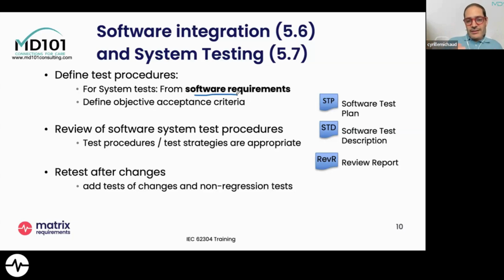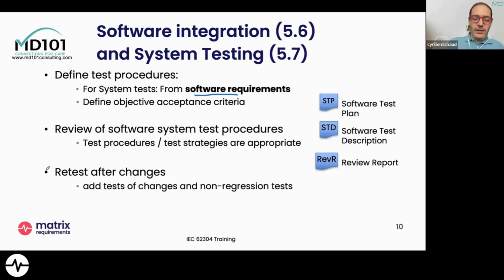And then for software system testing, and this is mandatory, this is required by the IEC 62304 for every class, A, B, C, we need traceability and coverage of all software requirements by software test cases. And of course, by software test execution. So we define the test procedures, we review them. By the way, we have a workflow of review in Matrix Req.